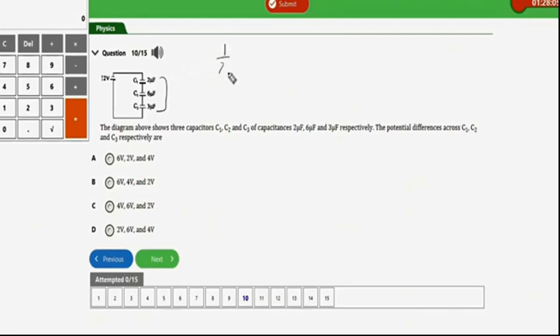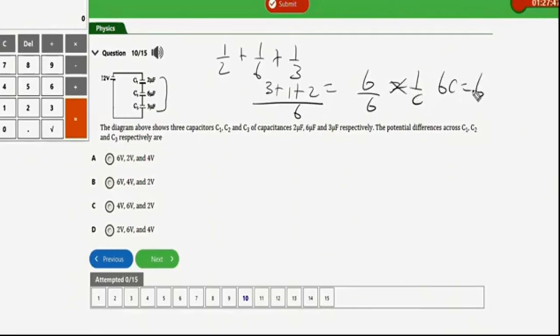That will be 1 over 2 plus 1 over 6 plus 1 over 3. So LCM is 6, so we are going to have 3 plus 1 plus 2. So we have 6 over 6 equals 1 over C. So the effective capacitance is 1 microfarad.